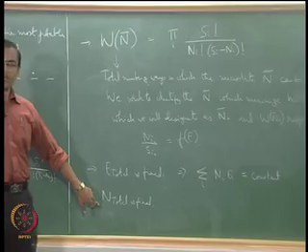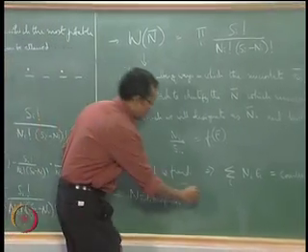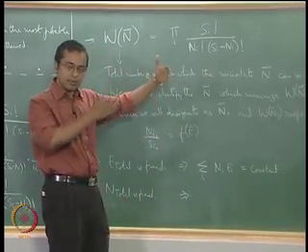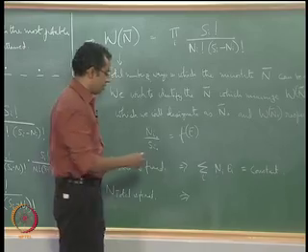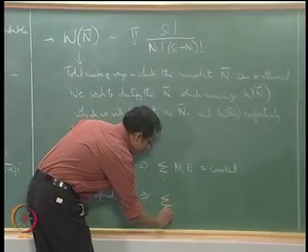N total, which is the total number of particles available in the system, is also fixed. In terms of the way we have distributed the particles across the system, the state of our system, this simply means the sum over i of Ni.